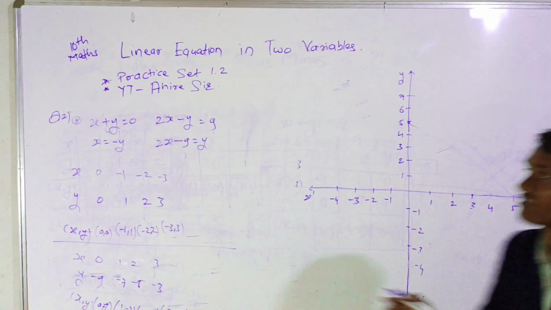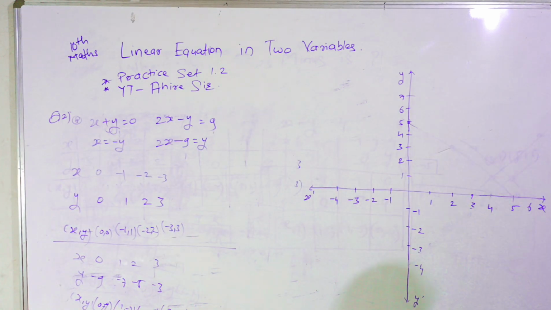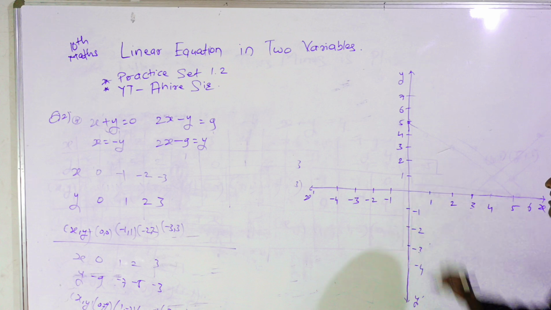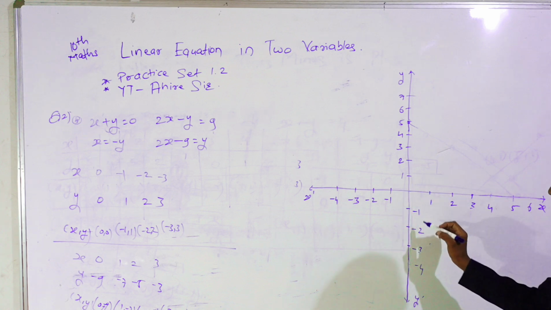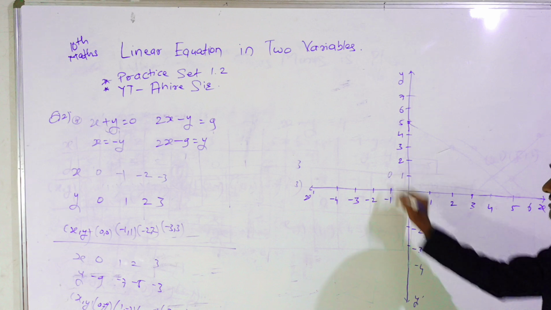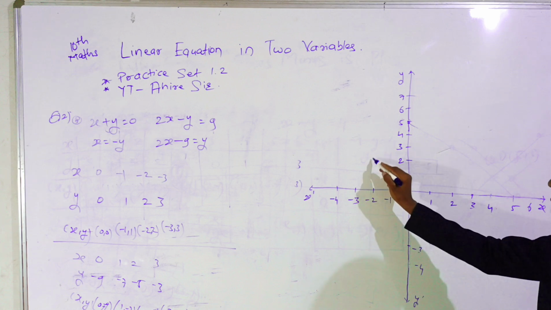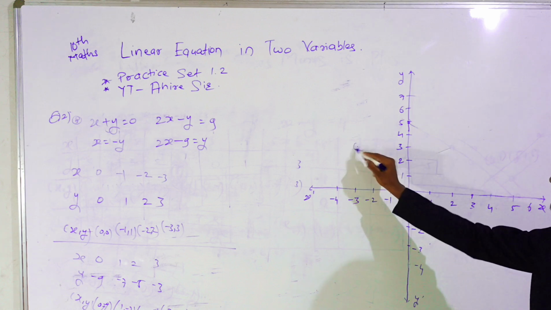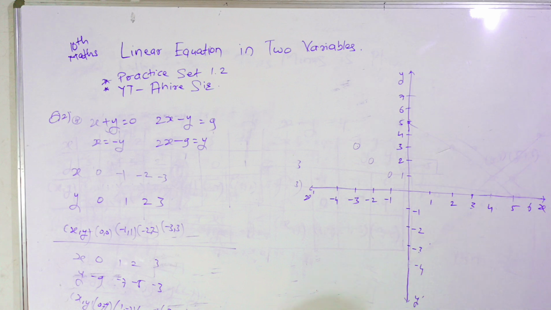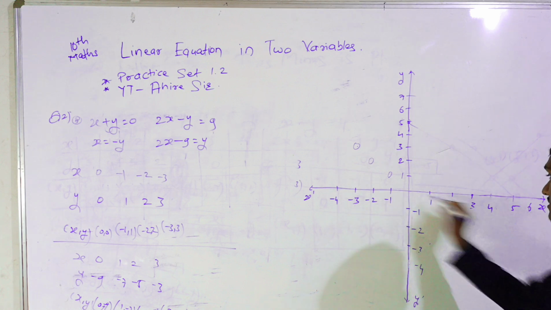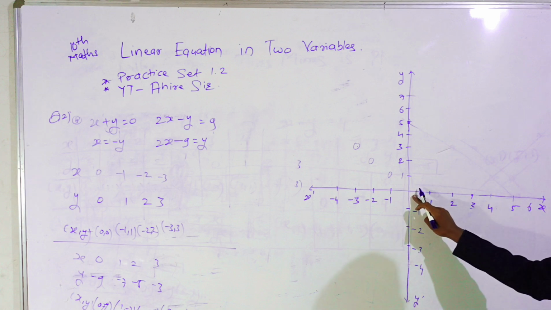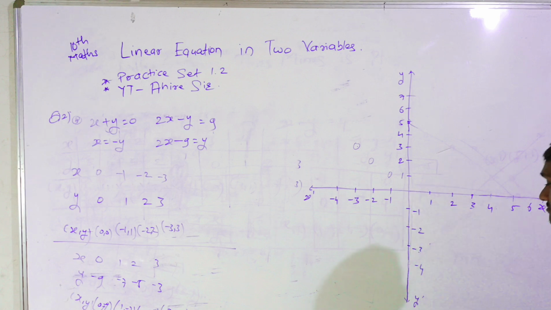When we plot these coordinates on the graph, we will get 0, 0, 1, minus 1, and here minus 2, 2, minus 3, 3, like this. And for the next one, 0, minus 9, we'll go there.